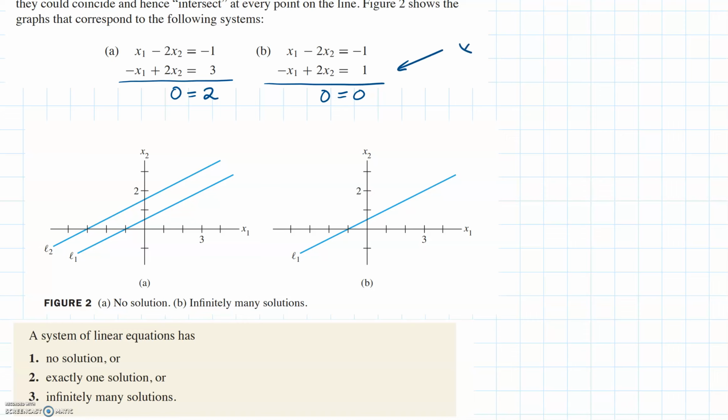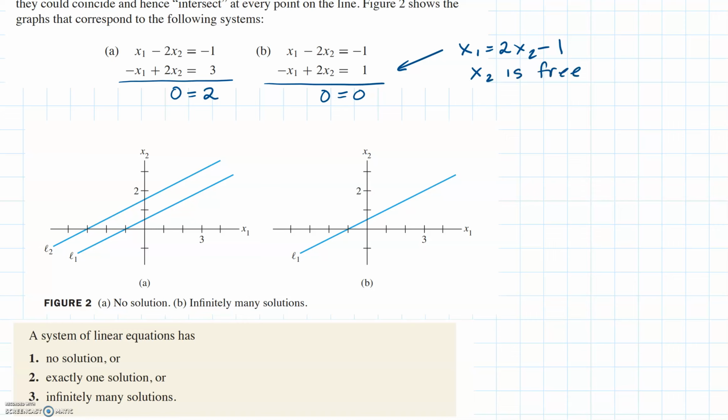So if I solve for one of these, like say for x1, you can get x1 equals 2x2 minus 1. By the way, oops, that's supposed to be a minus 1. x2 can be anything. So sometimes they'll say x2 is free.